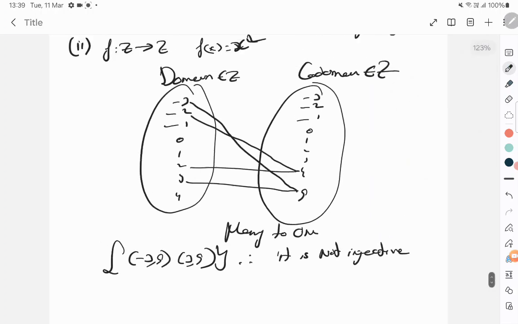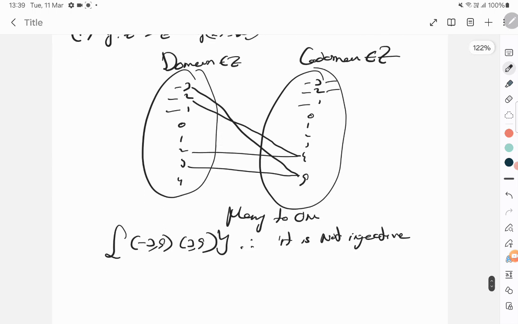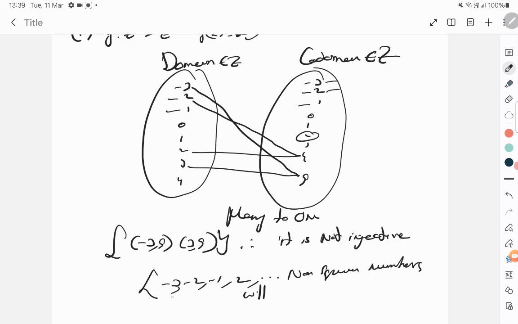You know that square numbers will always be positive. All these negative numbers will not even have a pre-image. The elements such as -3, -2, -1, and similarly even other numbers such as 2, the non-square numbers basically, and all sorts of non-square numbers will not have a pre-image, correct?